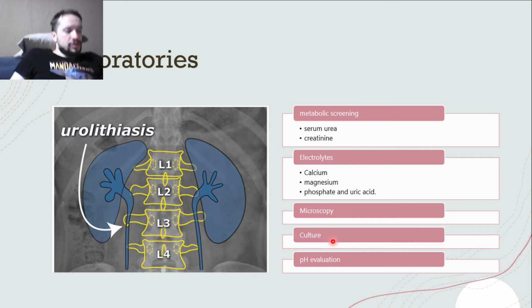Laboratory tests. Patients with renal calculi should have initial metabolic screening with serum urea, creatinine, and electrolytes including calcium, magnesium, phosphate, and uric acid. Urine should also be sent for microscopy and culture and pH evaluation.